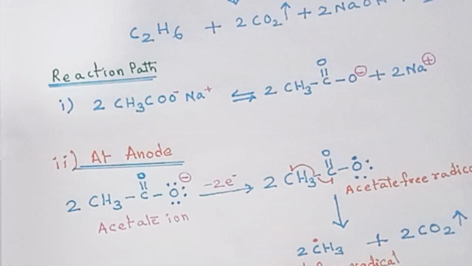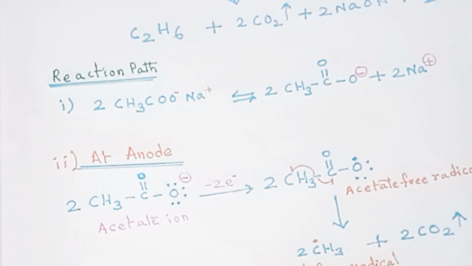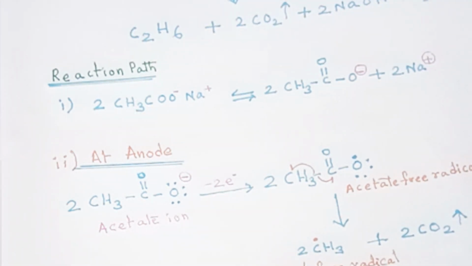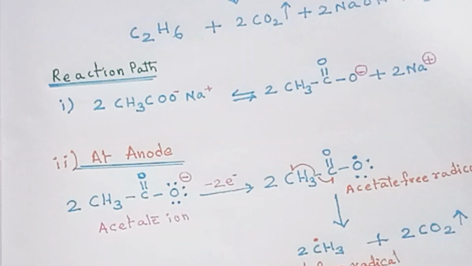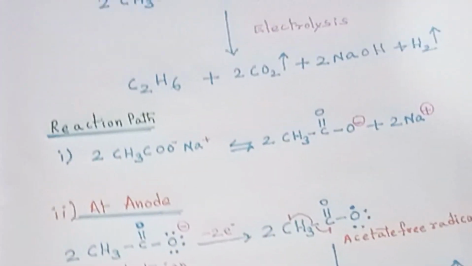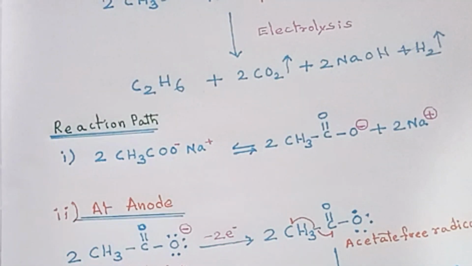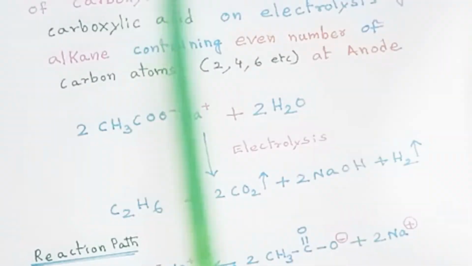So both are gases, and carbon dioxide gas is also liberated at the anode. So at the anode we get carbon dioxide gas and ethane gas, and at the cathode we get hydrogen gas. This process is called Kolbe's electrolytic method.